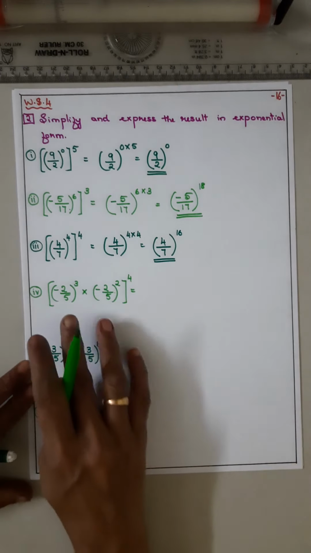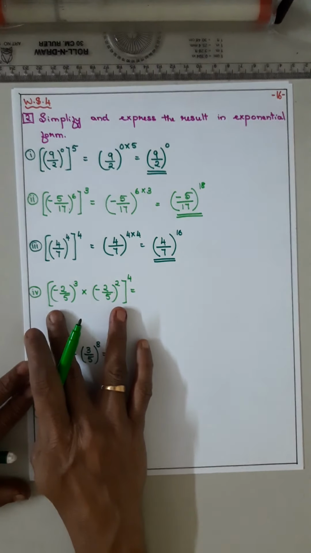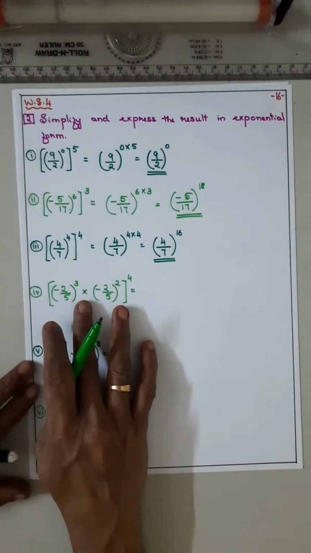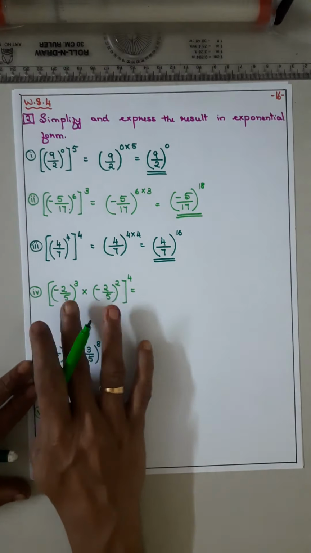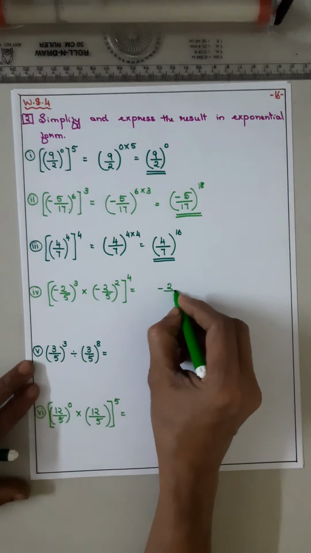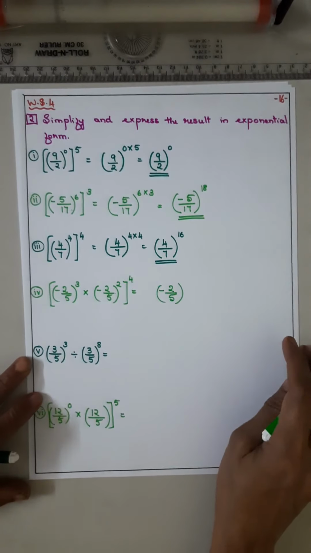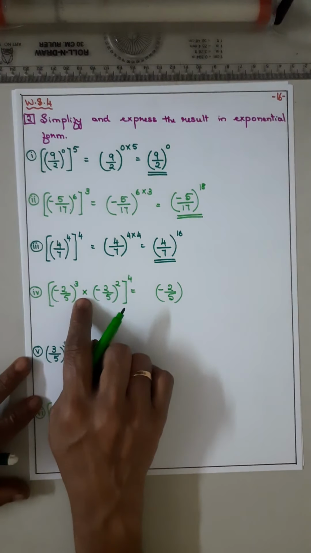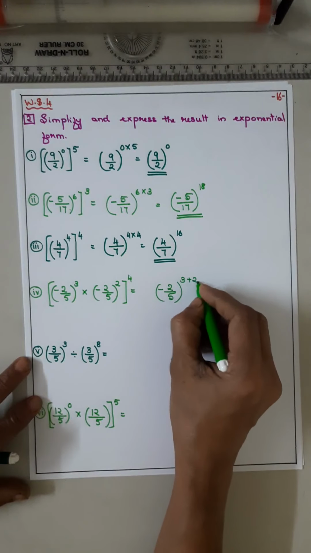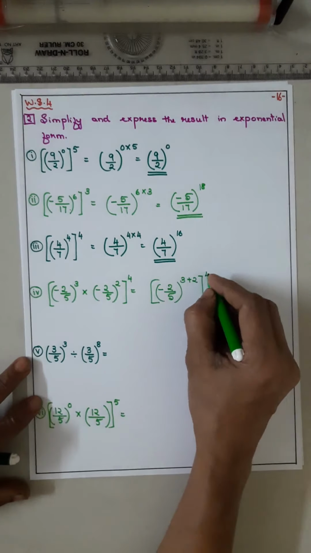Okay, now here we have to do extra work, isn't it? So within the bracket, the bases are same, in between multiplication, so we have to add the powers. First we have to do that. So minus 2 by 5, bases are same, in between multiplication sign, so add the powers. It will be 3 plus 2, then raised to bracket 4.